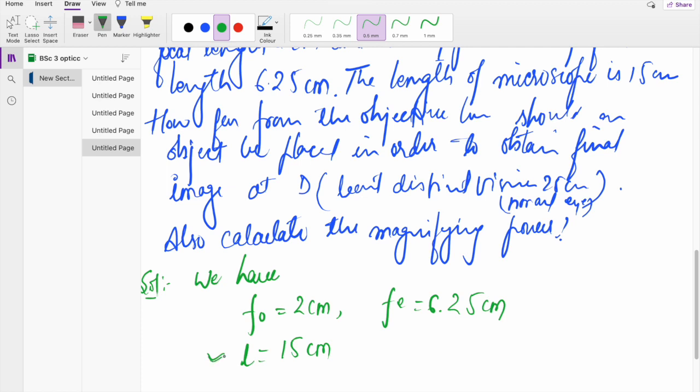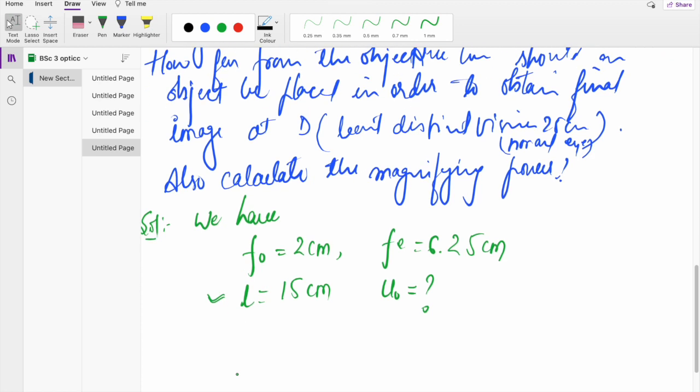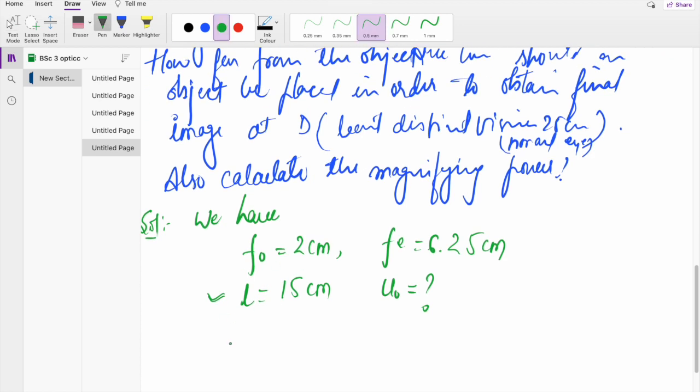We will discuss what the length is later. We need to calculate UO, because it is asked how far from the objective lens the object should be placed in order to obtain the final image at D. We also need to calculate the magnifying power.